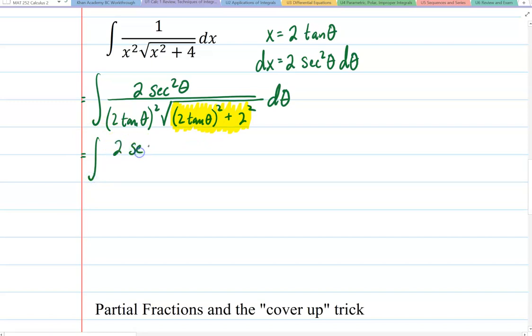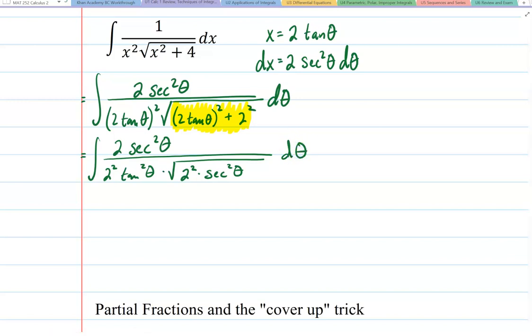So we've got some copying to do here. 2 secant squared theta divided by, we'll call this 2 squared tangent squared theta times the square root of 2 squared secant squared theta d theta.